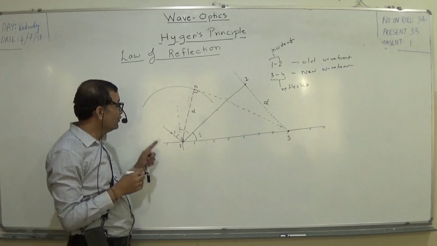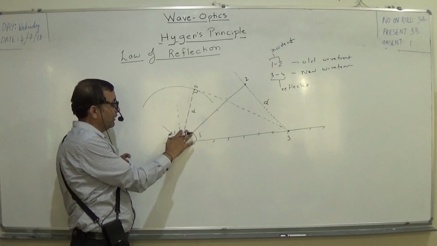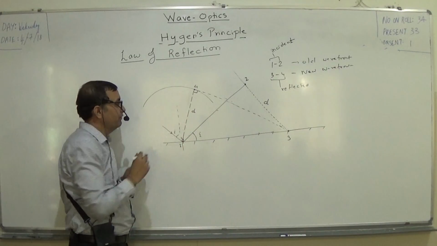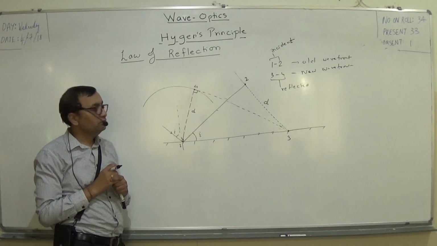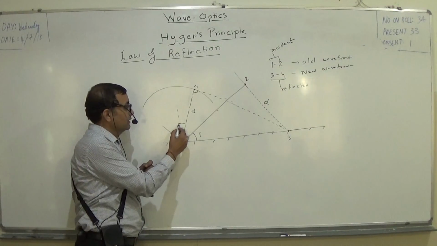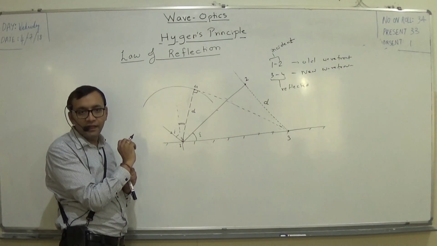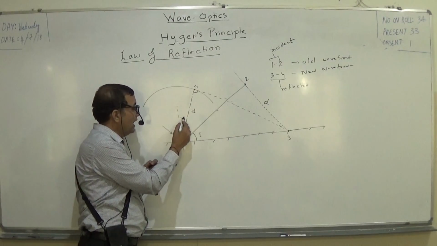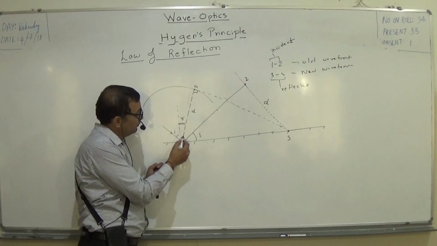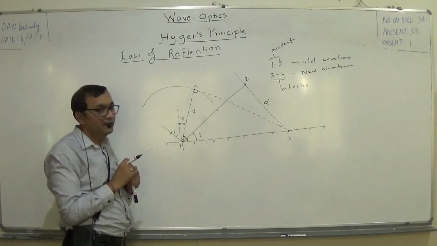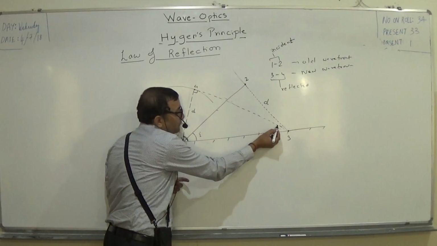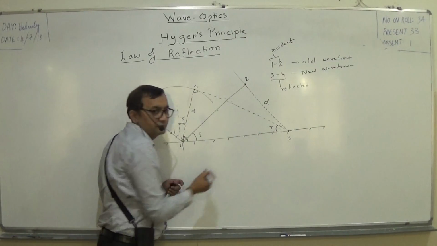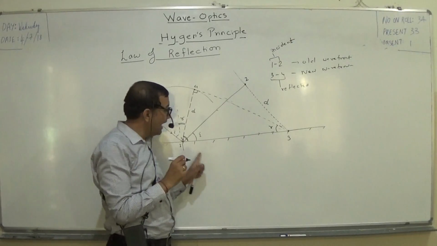Can you show where the reflected angle is? So 3K is the perpendicular. This angle is the reflected angle. So this is R. Now if this is R, this will be 90 minus R. This is 90 minus R and this is 90. How much will this be? R. Okay. Now can you prove I is equal to R?